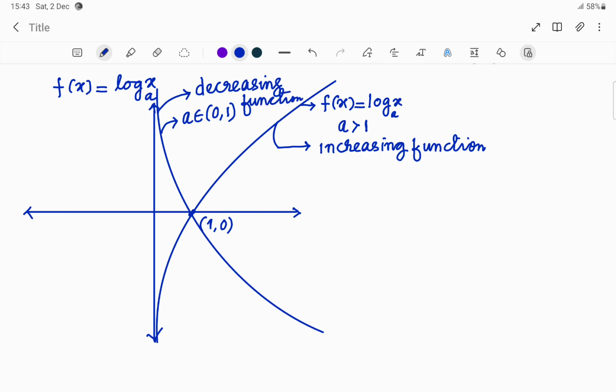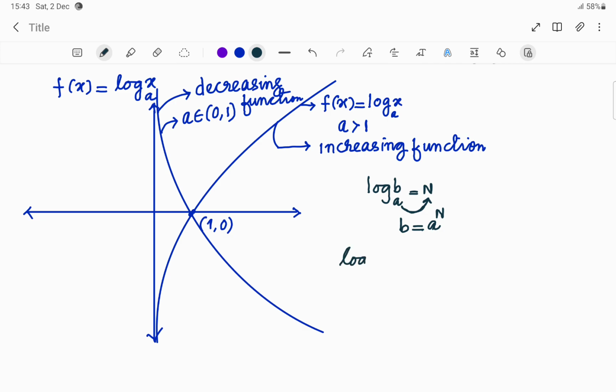Okay, so we have seen how to convert an exponential function into a logarithm, and we will see one example where we convert logarithm into exponential. Suppose you have log b base a equal to some n. From this you can write, if you transfer this base to other side, this logarithmic function will be transformed to an exponential function.